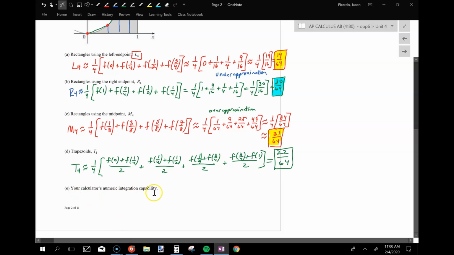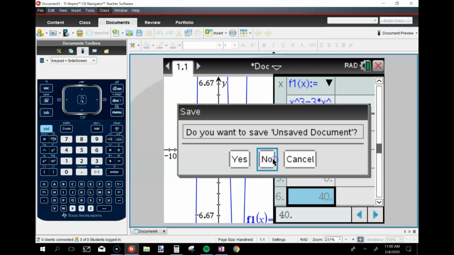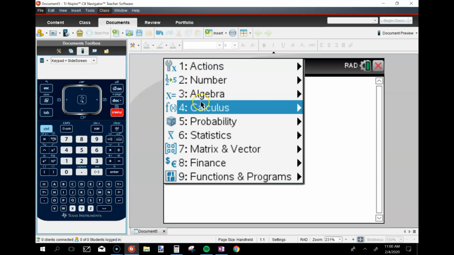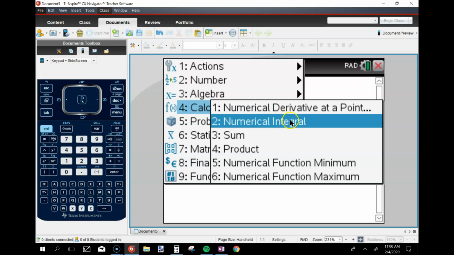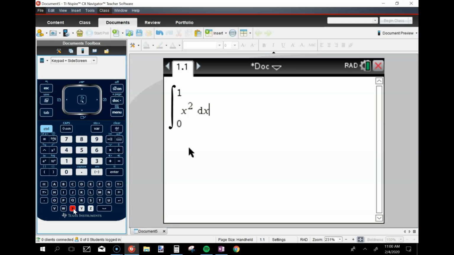Use your calculator's numeric integration capabilities. Everything that I've just shown you has been done on the calculator, and you guys didn't know what this button was for. Now you do. If you go to calculus, there is an option for numerical integral. I want the numerical integral that starts at 0 and ends at 1 for the function x squared with respect to x.